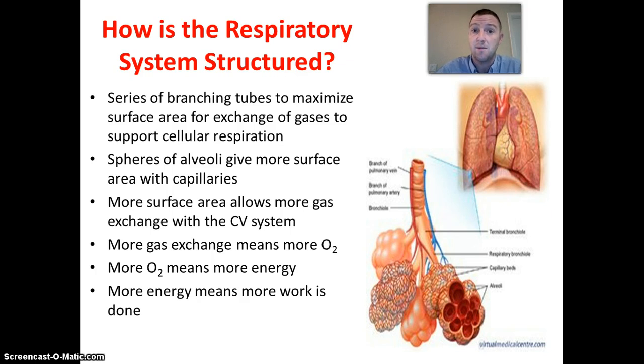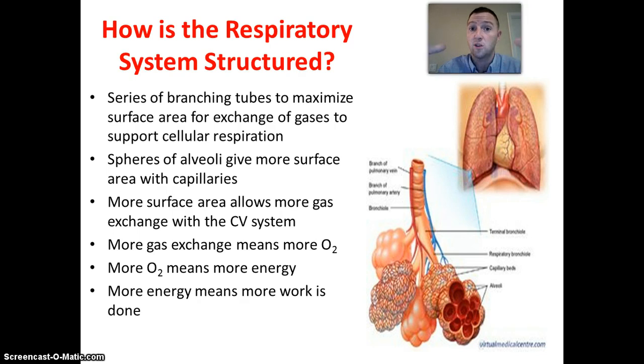Now, for those of you in geometry, you're calculating surface area with Miss Keogh. All right? Surface area is the amount of surface on an object. So the more surface area I have, the more opportunities for gases to go across that border, that surface.